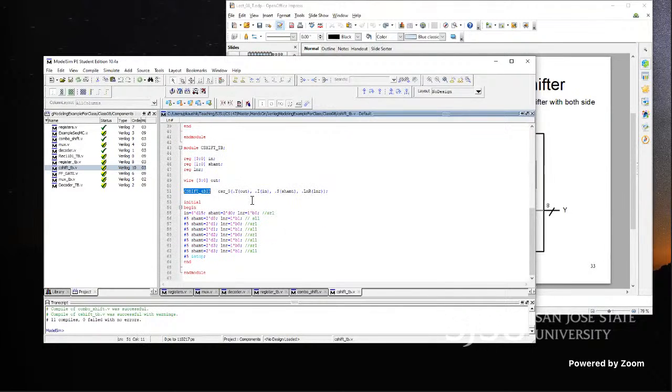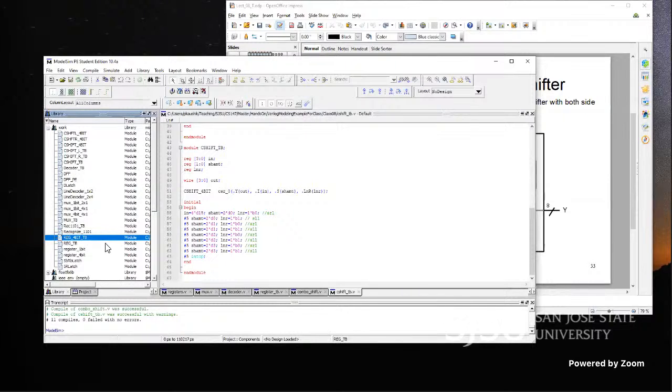So I have instantiated that combinational shifter and started with some value 15 as input and shift amount of 0, LNR 0. And then I tried shift amounts of 0, 1, 2, and 3 with left shift and right shift alternating. Okay, and let's see how it works.